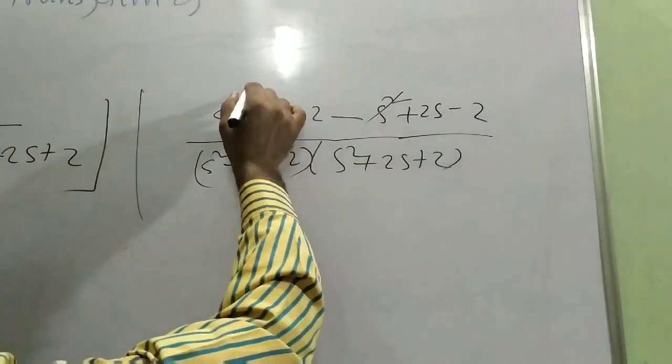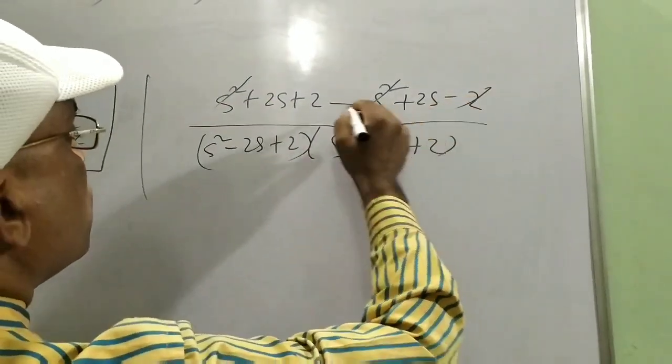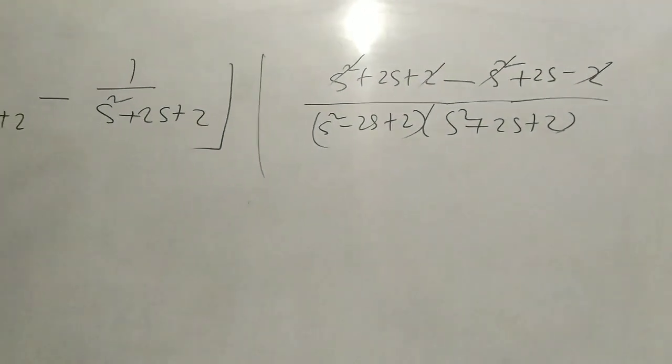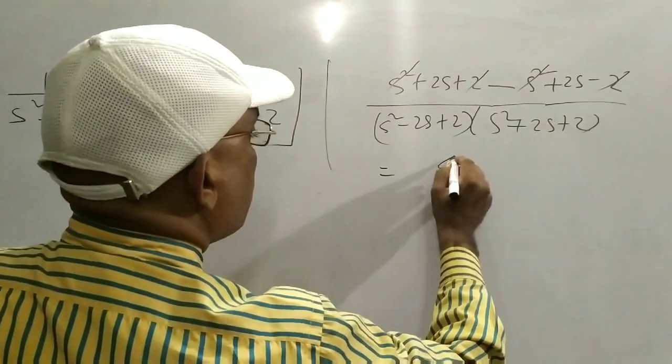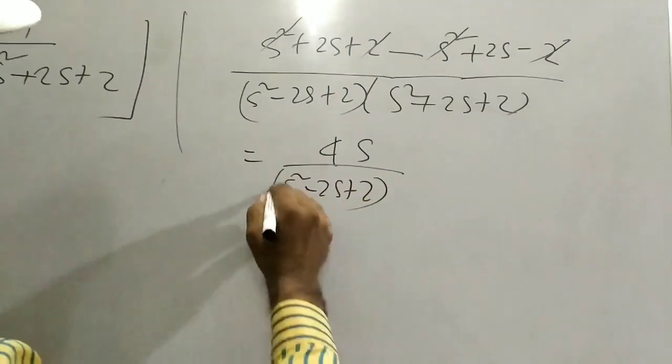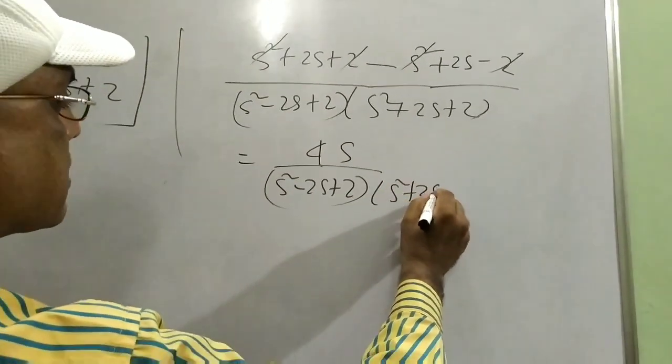Then s square cancels, 2 cancels, we get 4s in the numerator. That means we get 4s by s square minus twice s plus 2 times s square plus twice s plus 2.